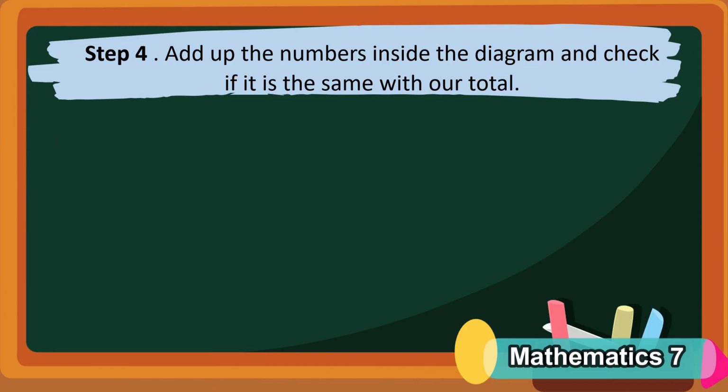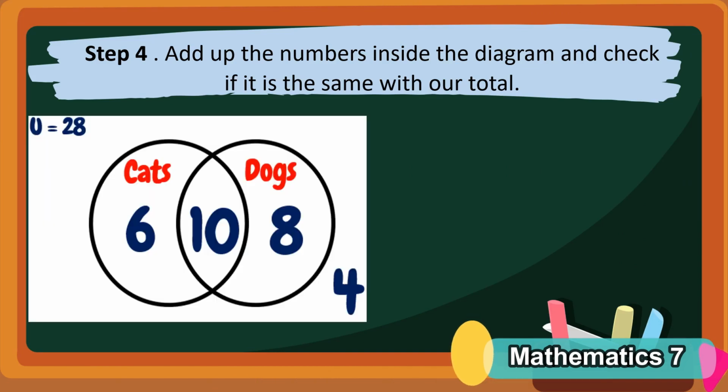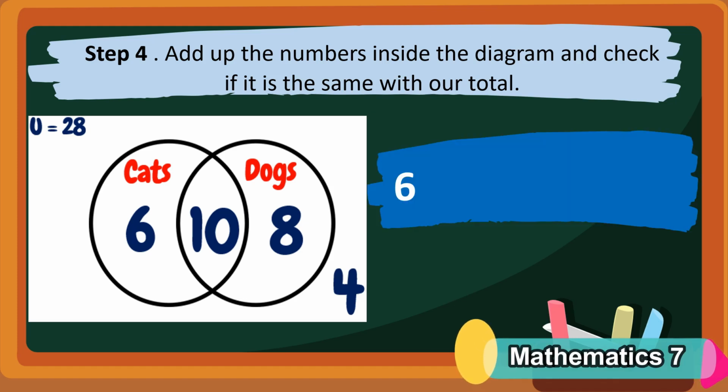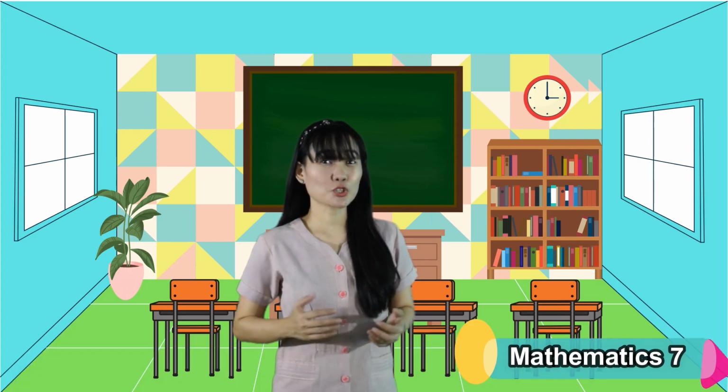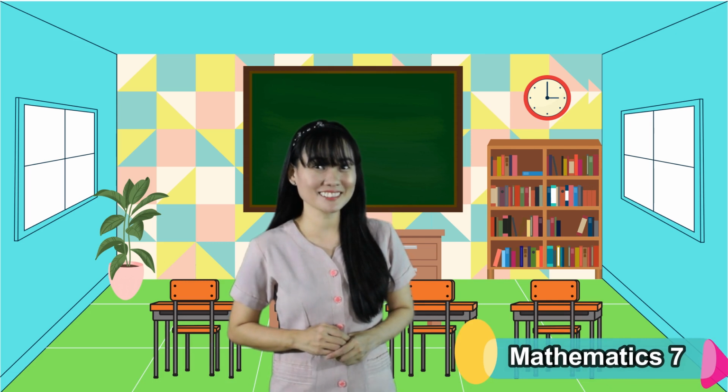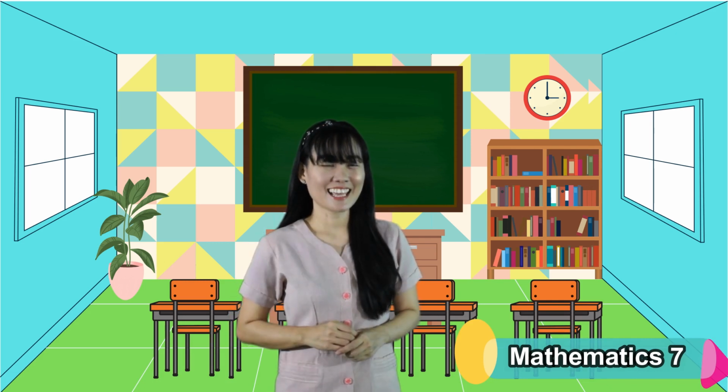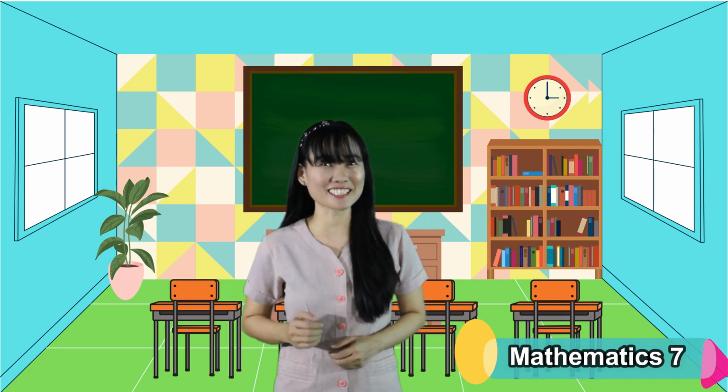Add up the numbers inside the diagram and check if it's the same with our total. Adding 6 plus 10 plus 8 plus 4 is equal to 28. Did you come up with the same number? Let's move on with another example.